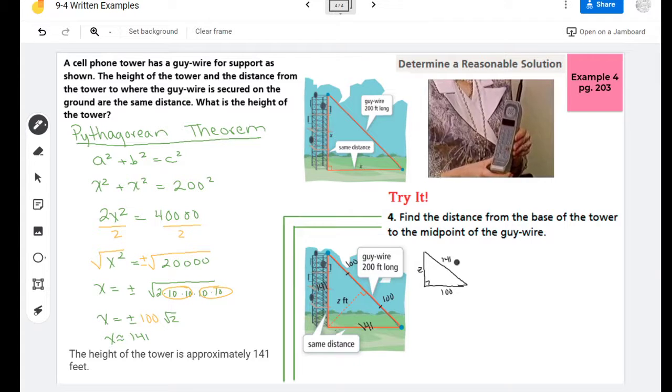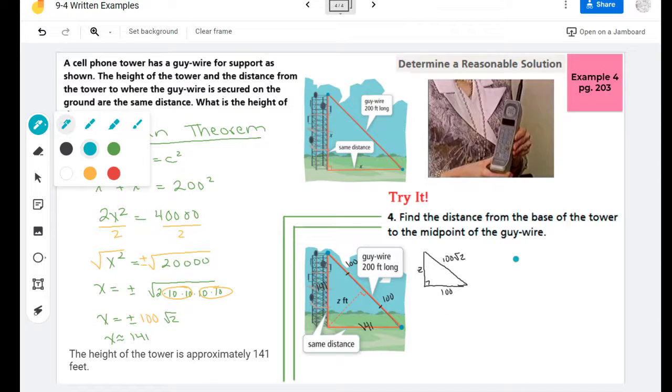Now when I do this 141, I'm actually going to undo it being 141, and I'm going to call it by its exact solution. Because if I use 141, I'm actually using an approximation, which is going to make my value for z also an approximation. And we don't want that. So I have called it again 100 root 2.